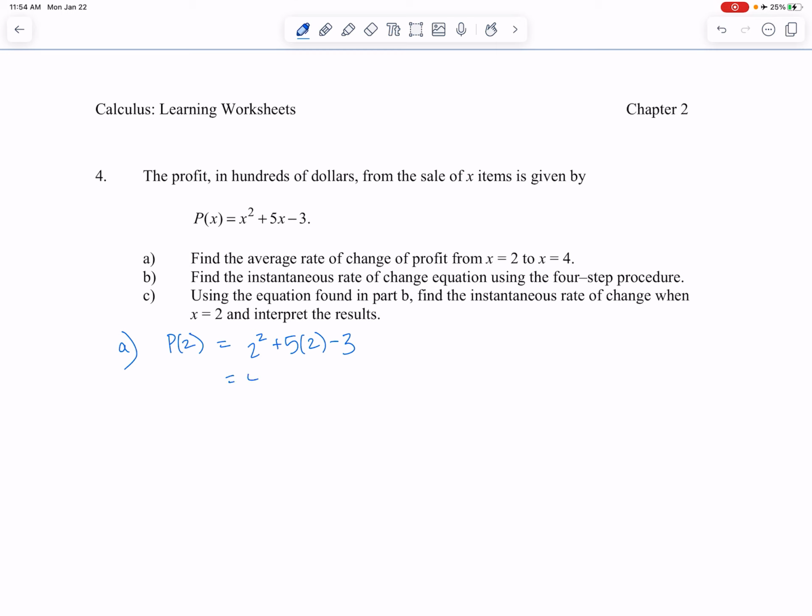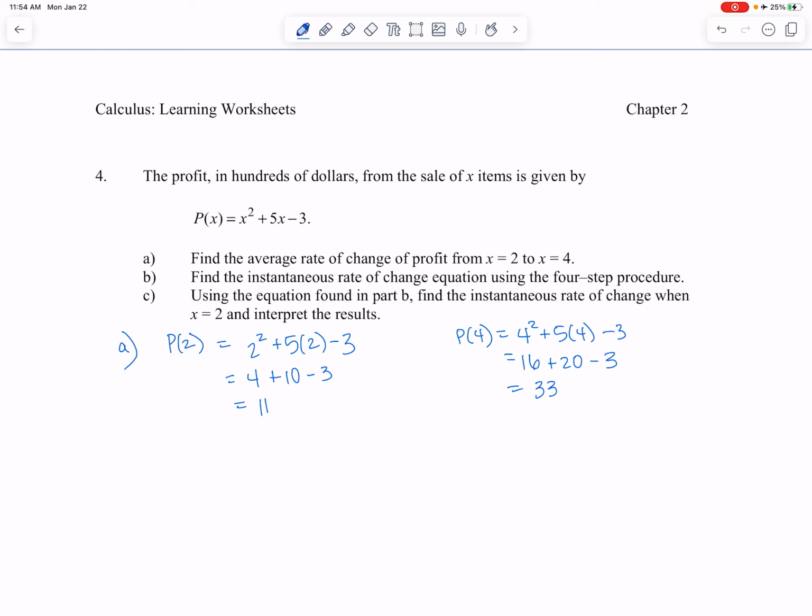So we've got 4 plus 10 minus 3, which gives us 11. And at 4, we've got 4 squared plus 5 times 4 minus 3, 16 plus 20 minus 3 gives us 33. So now we have our X values and our Y values.